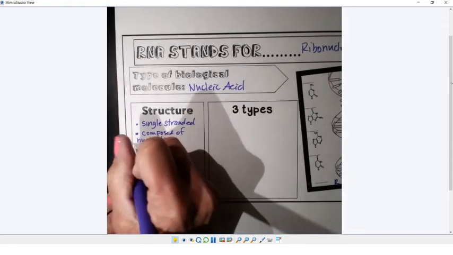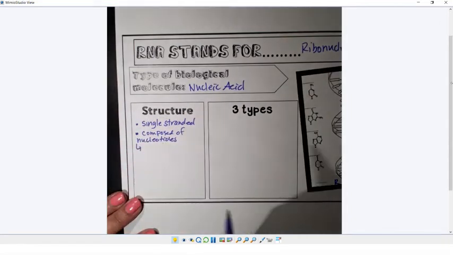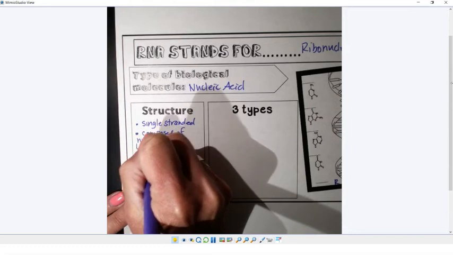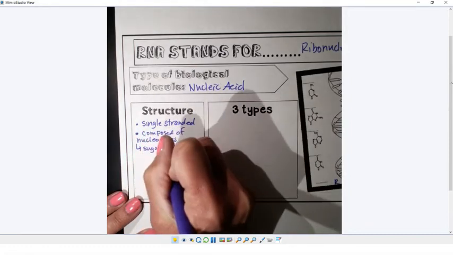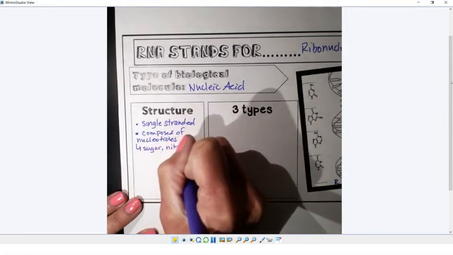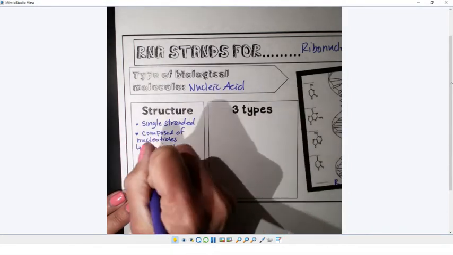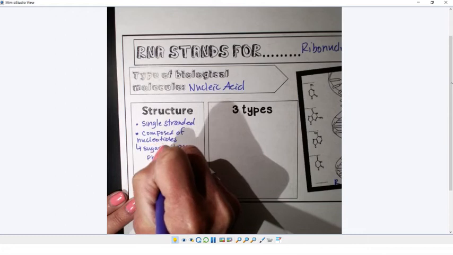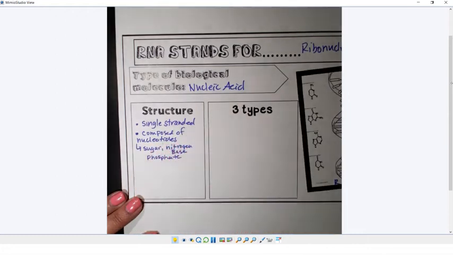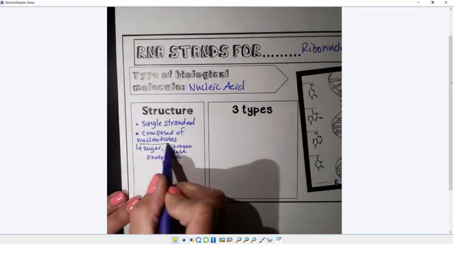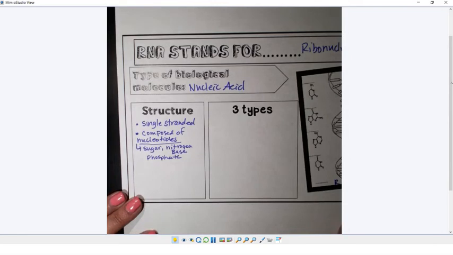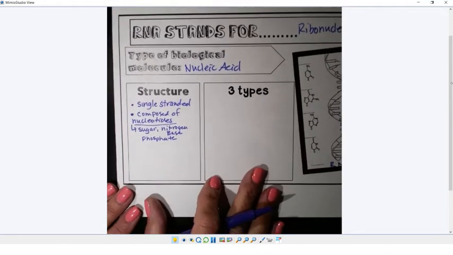And if you guys remember, nucleotides are made up of a sugar, a nitrogen base, and a phosphate molecule. So RNA is composed of nucleotides, and those nucleotides have a sugar molecule, a nitrogen base, and a phosphate.